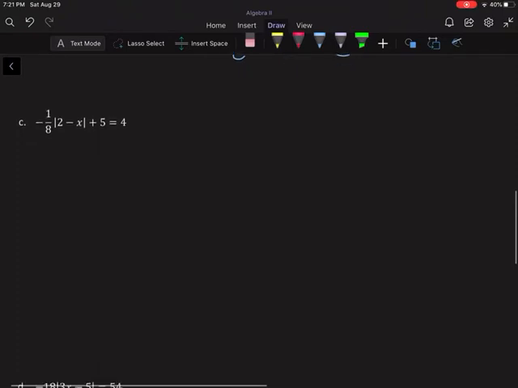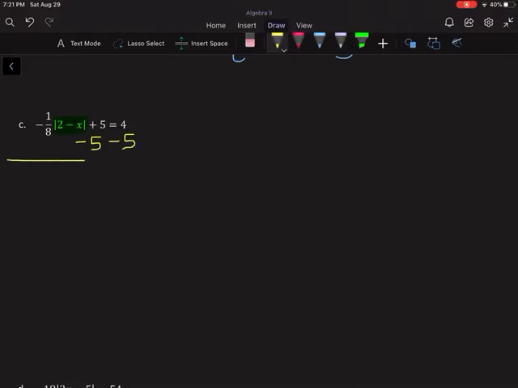All right, moving on. Now I have 2 things that I'm working against to isolate, to get just the absolute value by itself. So everything needs to go away from this. I first add or subtract away from it first, so I subtract 5. Negative 1.